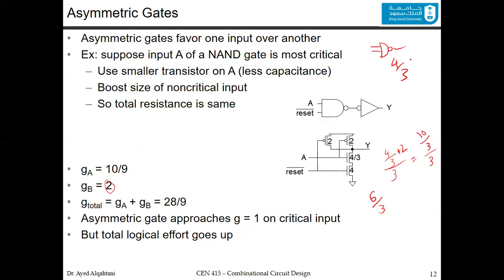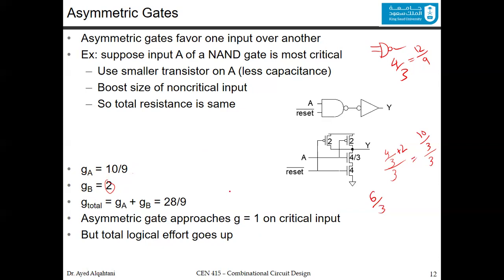If we get the equivalent for the NAND, and you multiply by 3 in the numerator and the denominator, it's going to be 12/9. So comparing 12/9 and 10/9, you know that the logical effort here for GA is lower. You are getting GA to a better logical effort. But for the B, you are increasing this way more. It's now 2.